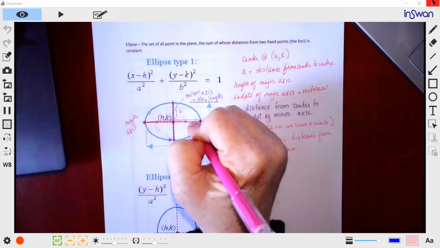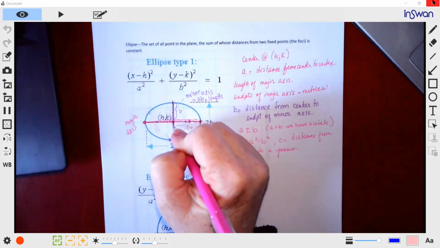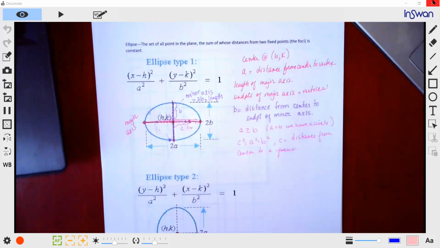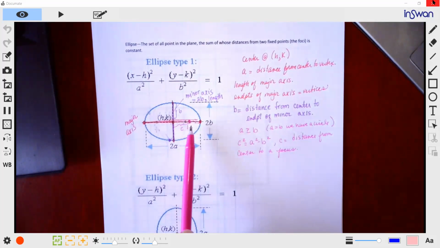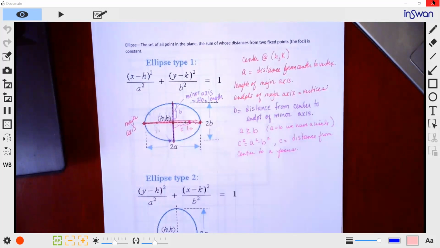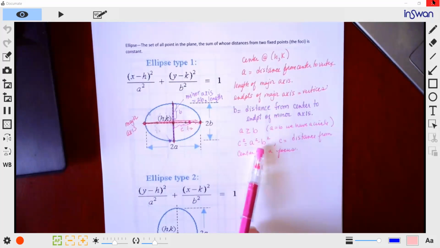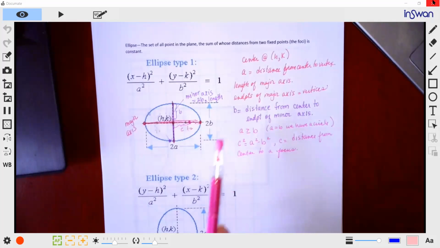So if our focus was right here, this distance right here would be c. Your major and minor axes will always be perpendicular to each other, and your foci, here and here, will always be inside the ellipse. So if you get this backwards and do a squared plus b squared, you'd have a focus that's outside the ellipse, so you'd know you're wrong.